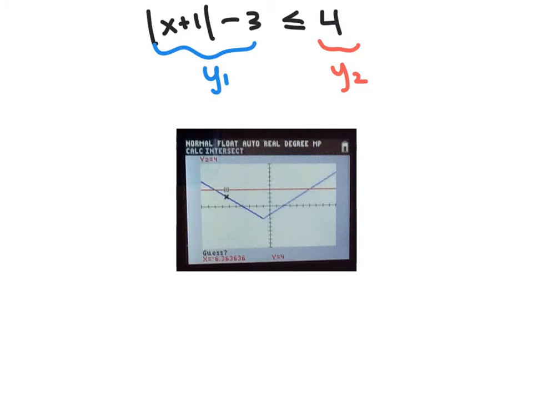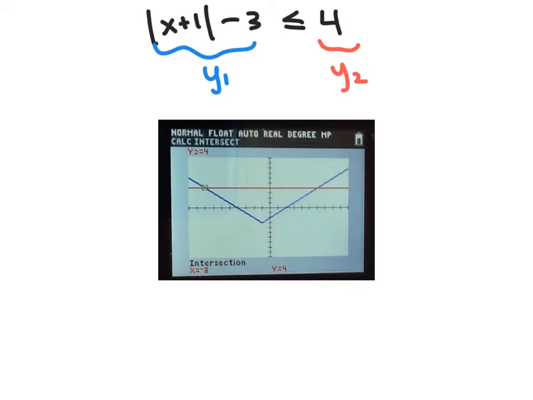The TI will then prompt to see if you want it to guess the intersection. Press enter one more time. And you will obtain the next item.